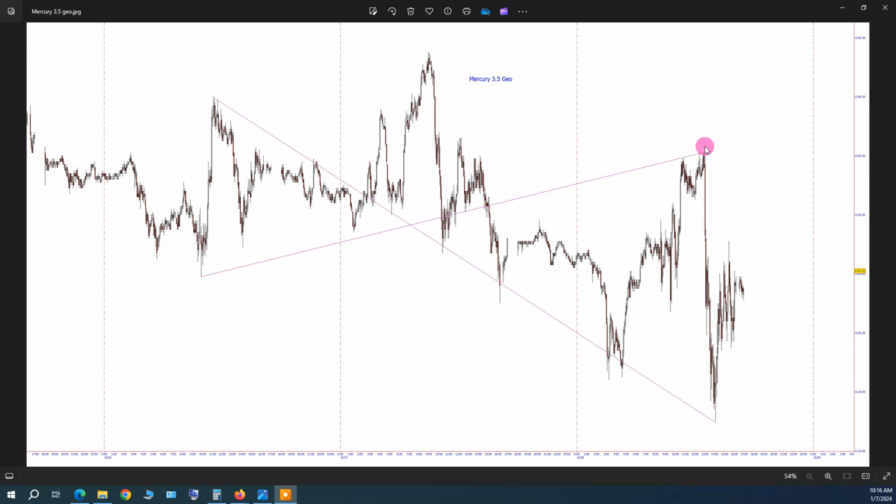Gives you a swing high to the swing low. So nice one there. You see this Mercury 3.5 is going over an approximately 2-day period at that point in time. So same thing, same chart section, same dates, different calculations, giving you some good points to work from.